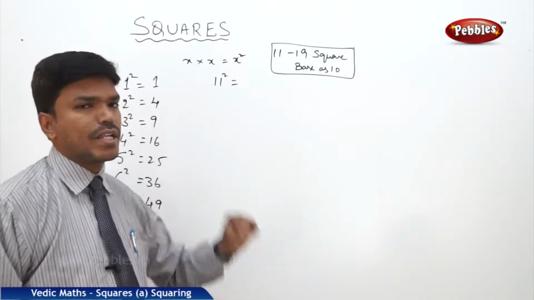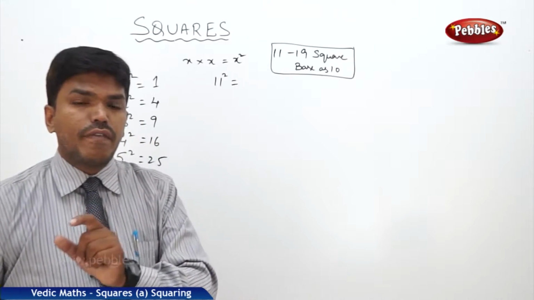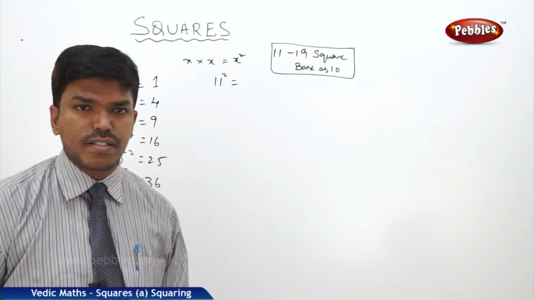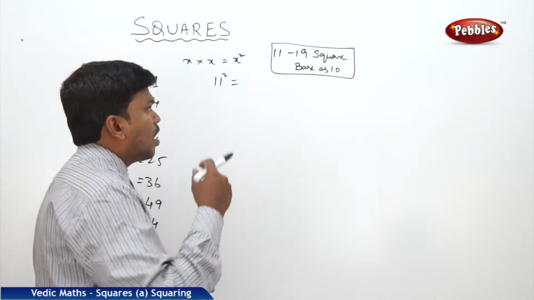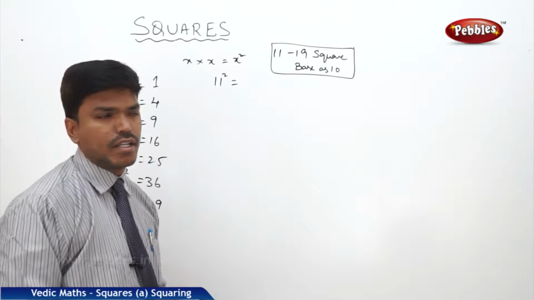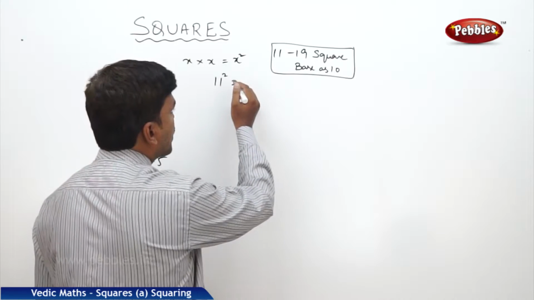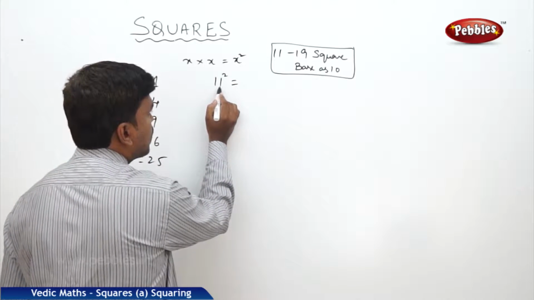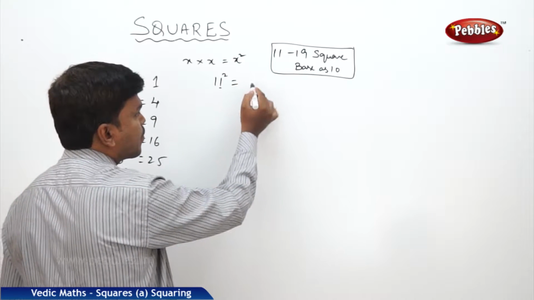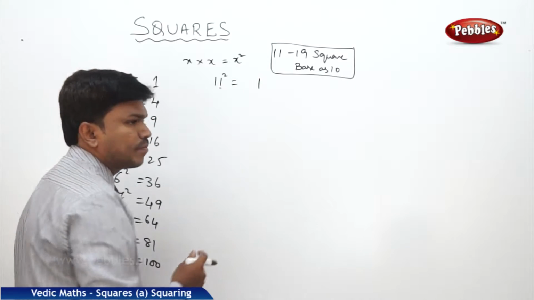Suppose 11 square is there. Compare 11 with 10. It is more than 10, yes or no? Yes. Now tell me how much more than 10? 1 more than 10. So what is 1 square? The right side digit in 11 is 1, and 1 square is 1.